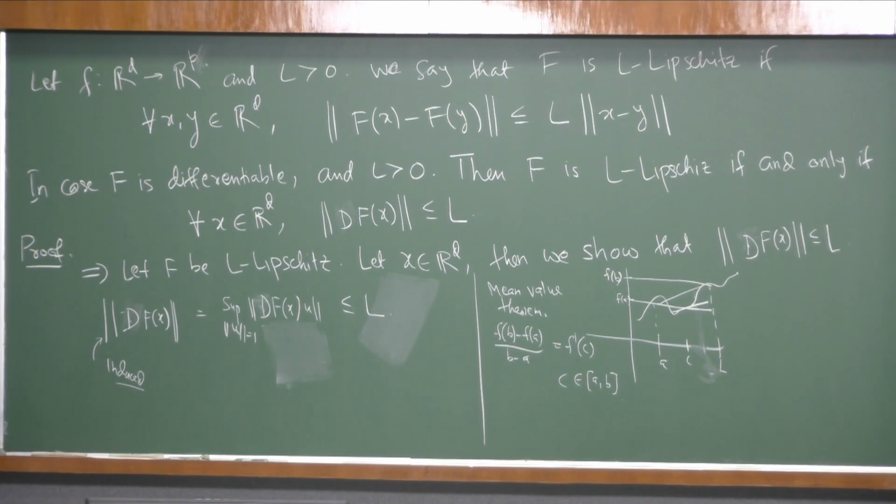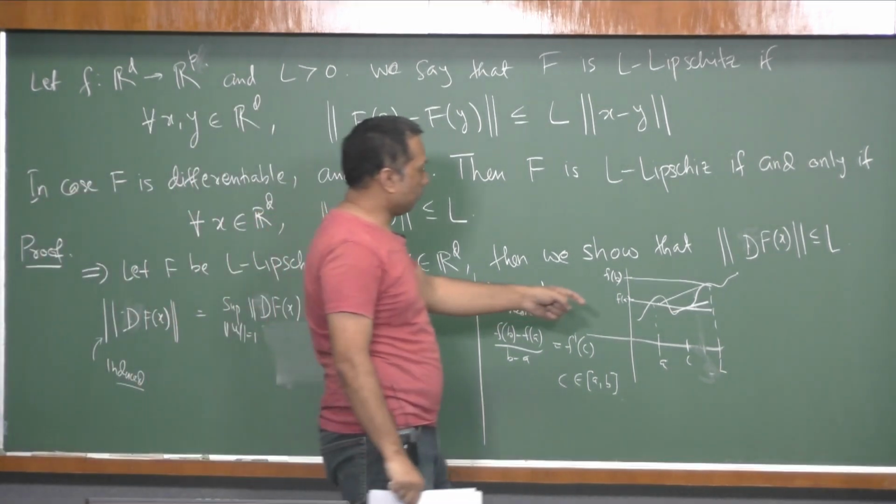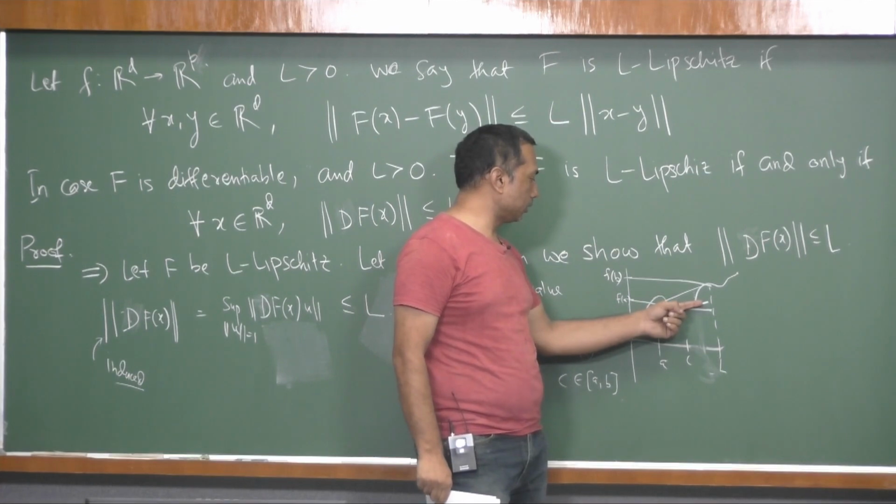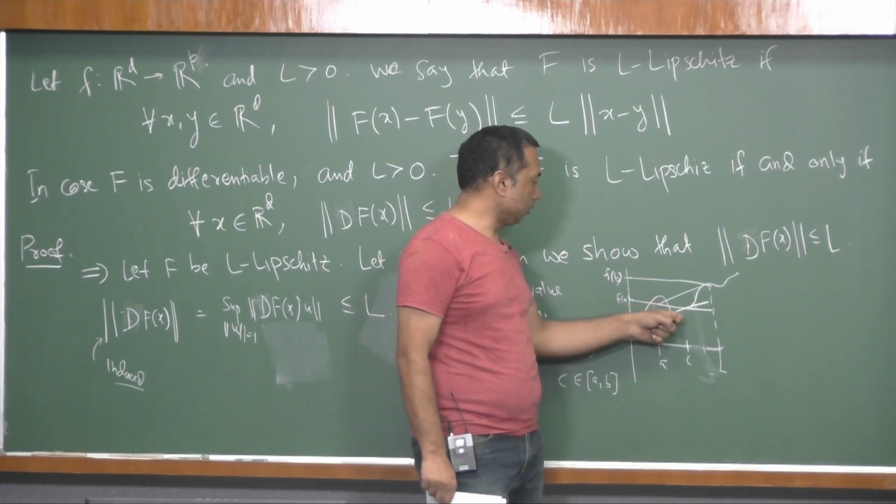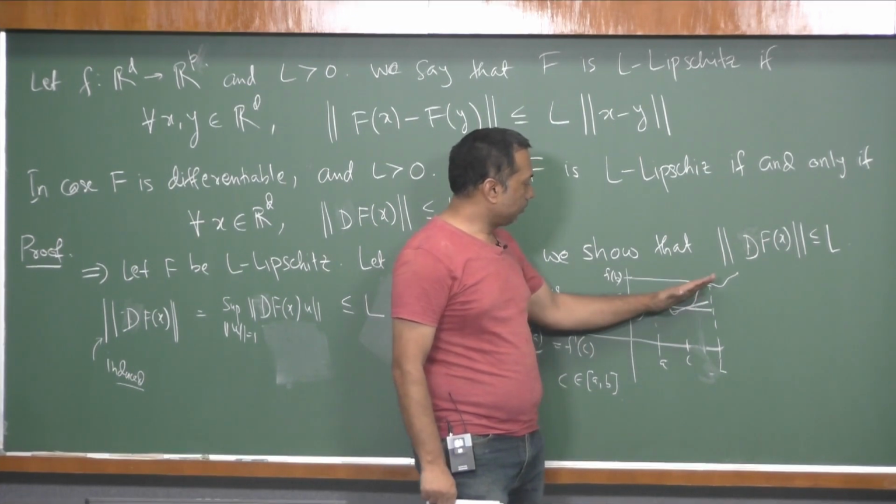That will exist because it's a continuous function. If it was not continuous, then things can go wrong, but if it's continuous, then this is the slope that you have.